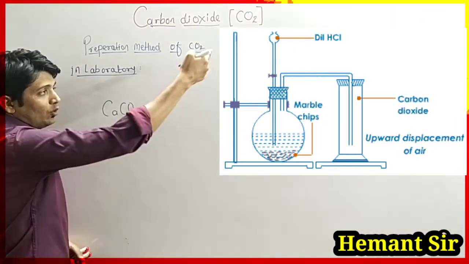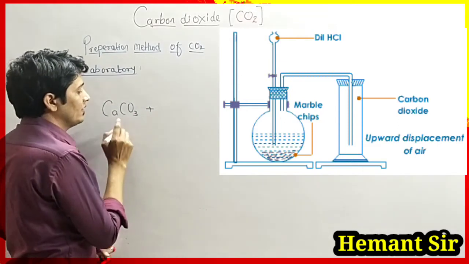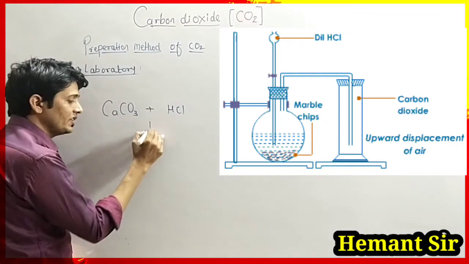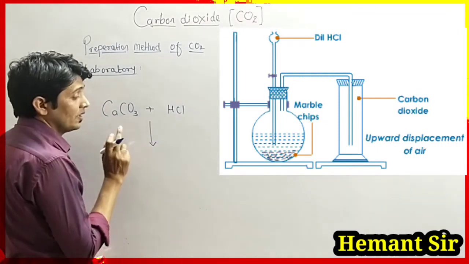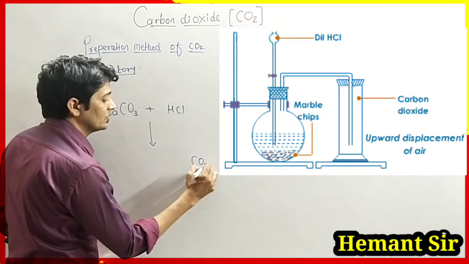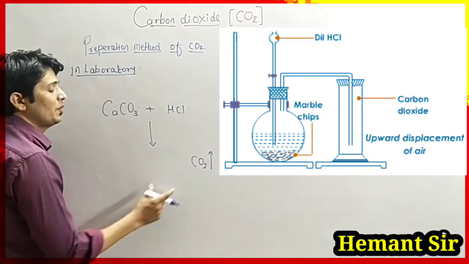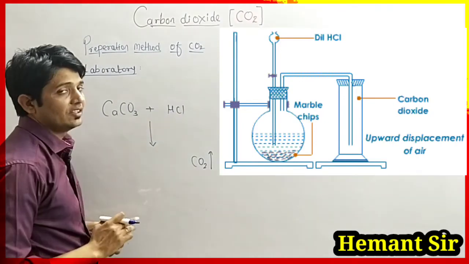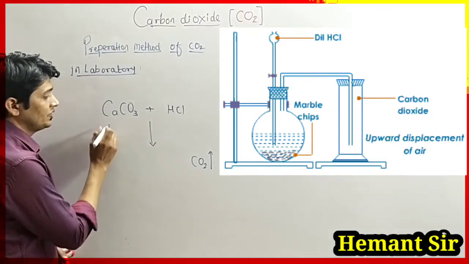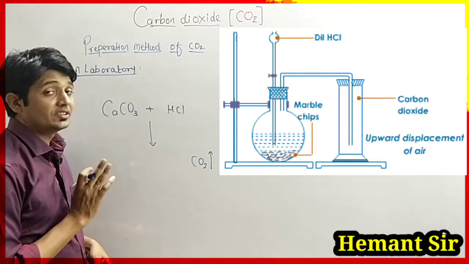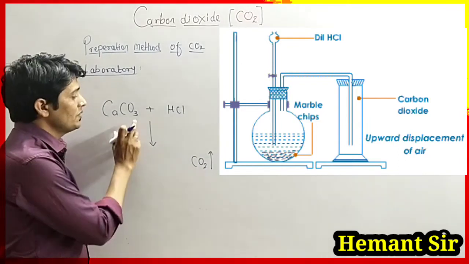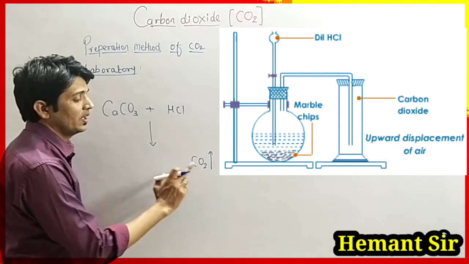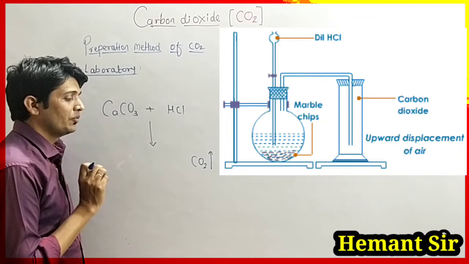When hydrochloric acid is added to the calcium carbonate, they react with each other to form carbon dioxide gas, and this carbon dioxide gas is collected in another jar. We have already discussed in a previous reaction that if we have a carbonate as a reactant, then one of the products is carbon dioxide, which is fixed.